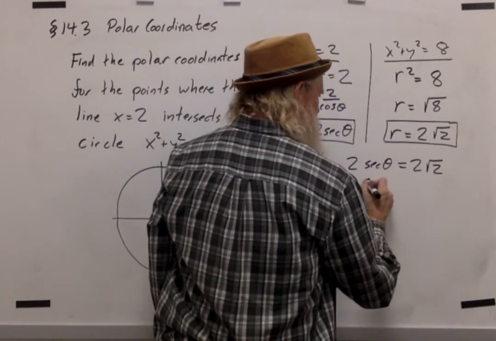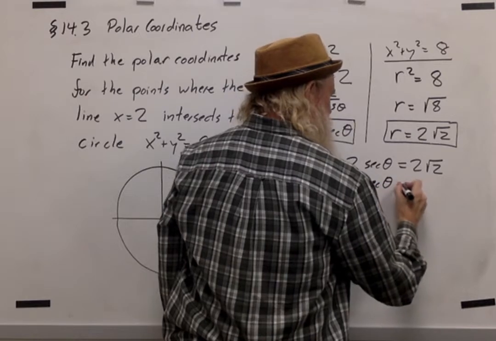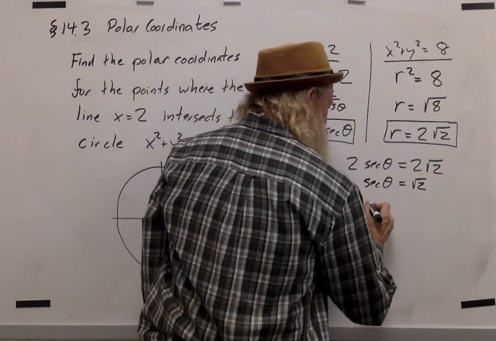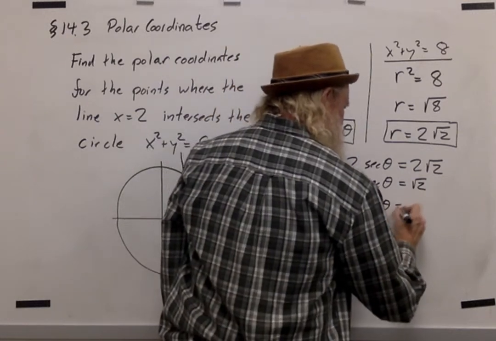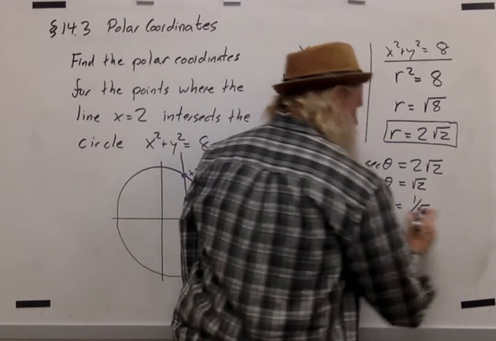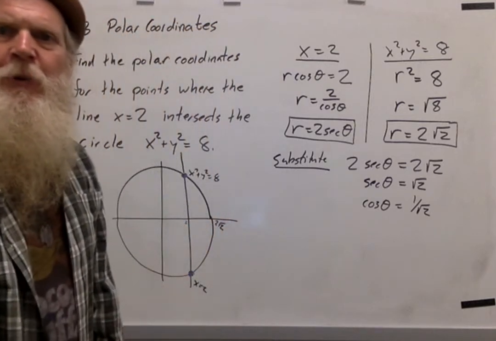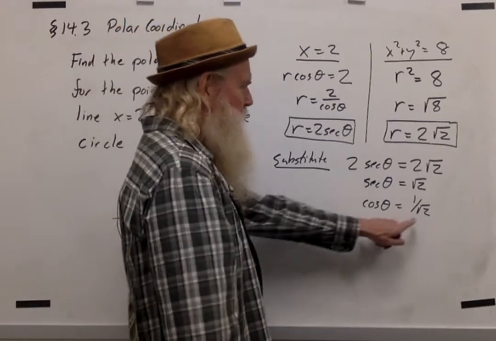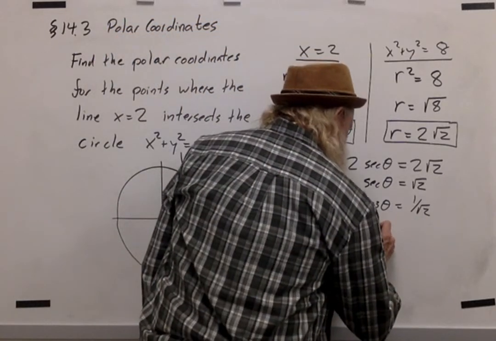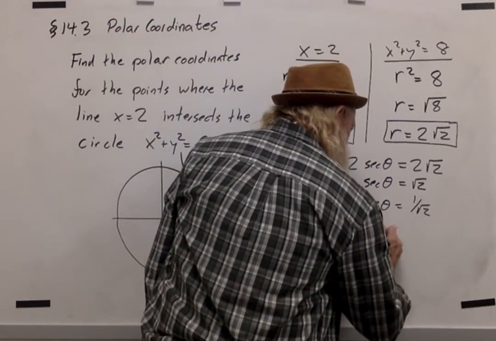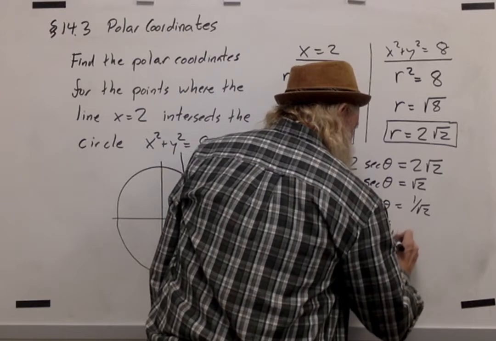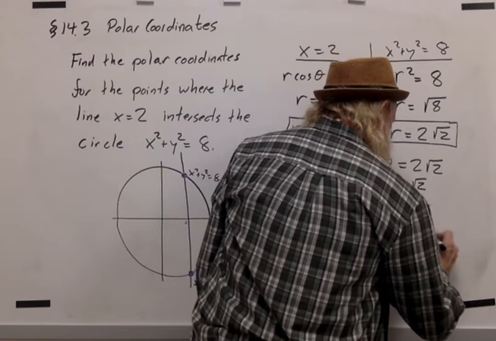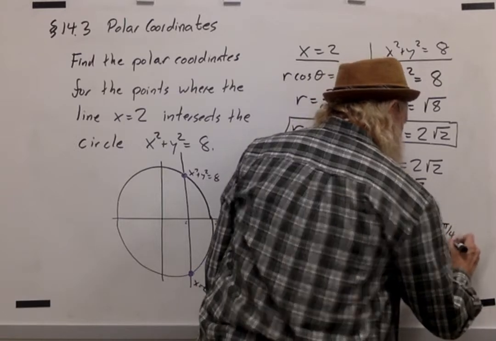Dividing both sides by 2, secant of theta is square root of 2, and taking reciprocals, cosine of theta is 1 over the square root of 2. Now remember, cosine is positive in the first quadrant and the fourth quadrant, so I'm going to have two answers. One answer in the first quadrant, which is going to be theta equals pi over 4, and I also have an answer in the fourth quadrant, which will be theta equals negative pi over 4.